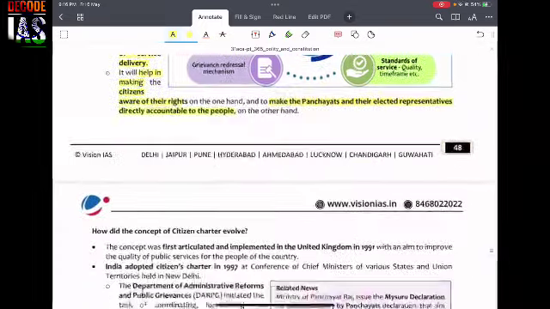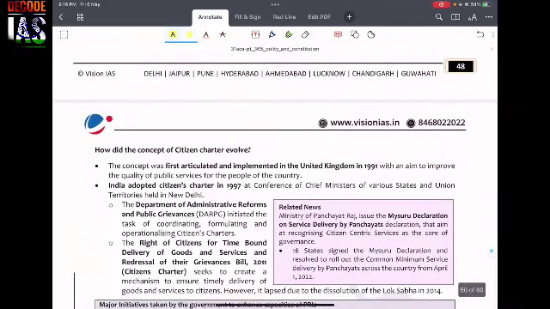All right. Now, let us understand how the concept of Citizens Charter evolved. The concept of Citizens Charter was first articulated and implemented in the United Kingdom in 1991 with an aim to improve the quality of public services which are being given by the government to the people. India adopted the Citizens Charter in 1997 at the Conference of Chief Ministers of various states and union territories in Delhi.